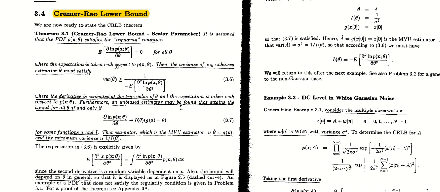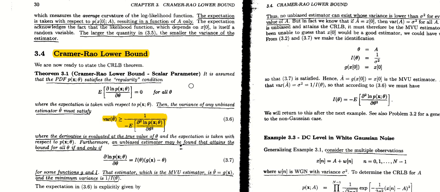Where the expectation is taken with respect to P, the variance of any unbiased estimator must satisfy variance of theta hat larger than 1 over the expectation of the second order derivative with negative sign. This is called the lower bound of the estimator.